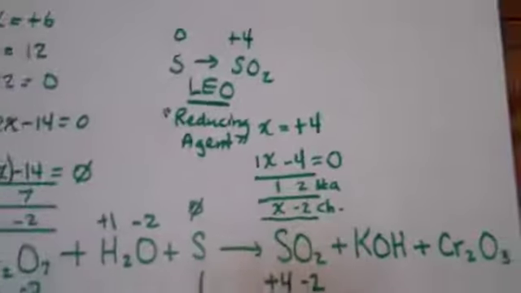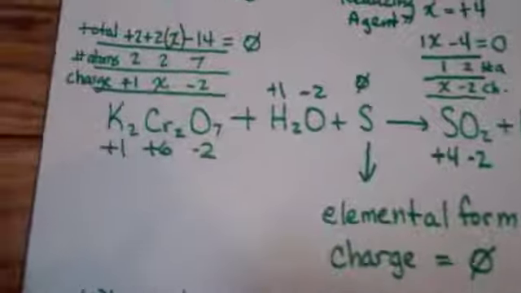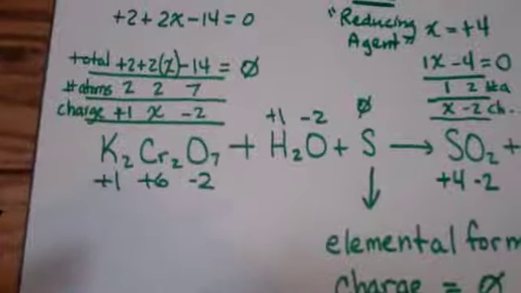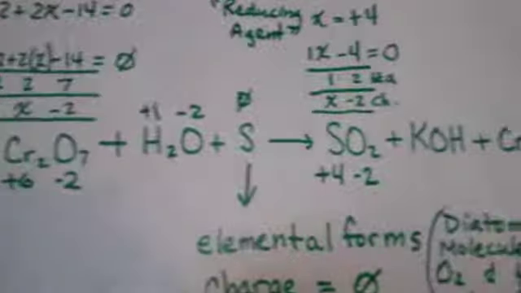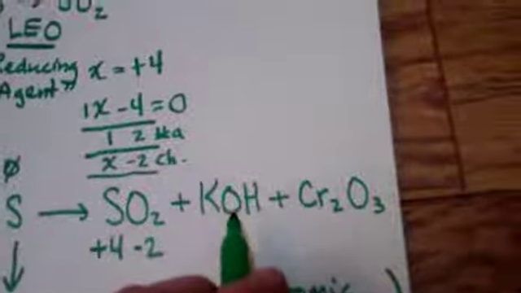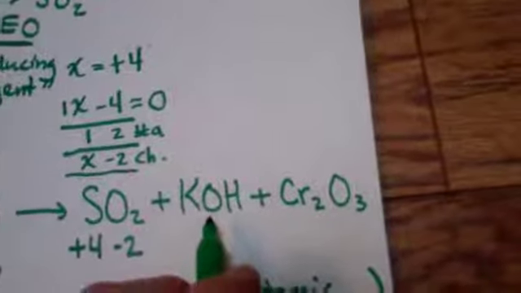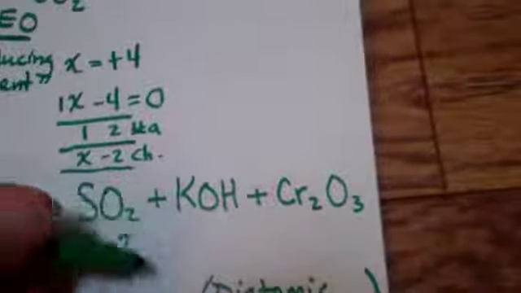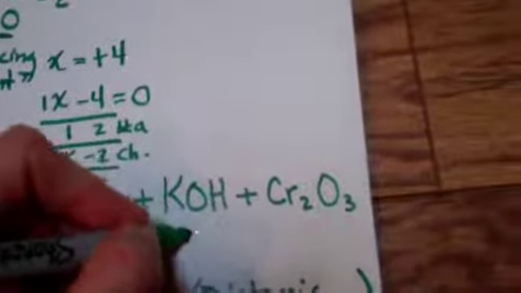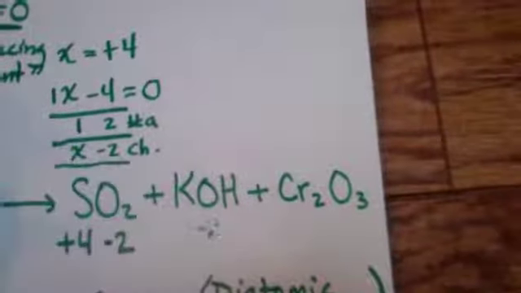Okay, so let's take a look at the rest of our equation. Let's see how our chromium is actually going to change on the other side of the equation as well. So let's look at our potassium hydroxide first, since that's the next thing. We know that oxygen, again, can be assigned a -2. Hydrogen is always going to be a +1.